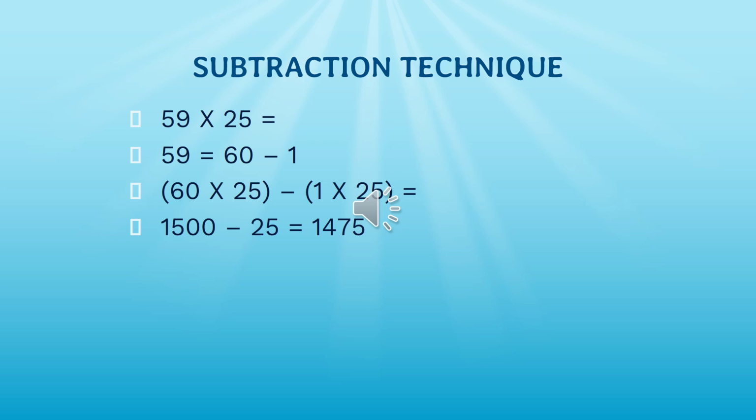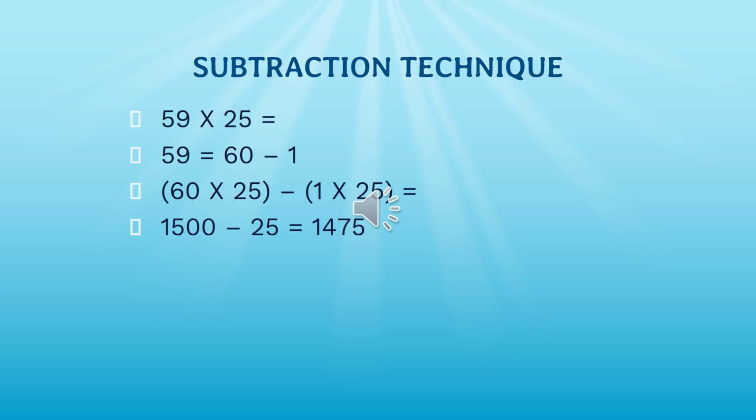To show that, I have an example: 59 times 25. 59 is the larger factor, and it is close to a multiple of 10, in this case 60. If I round this up to 60, it means that I subtract 1 in the process, because 59 is equivalent to 60 minus 1.